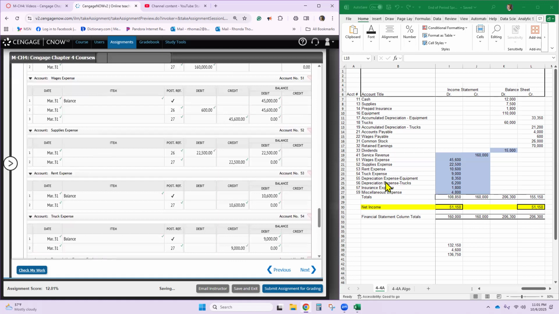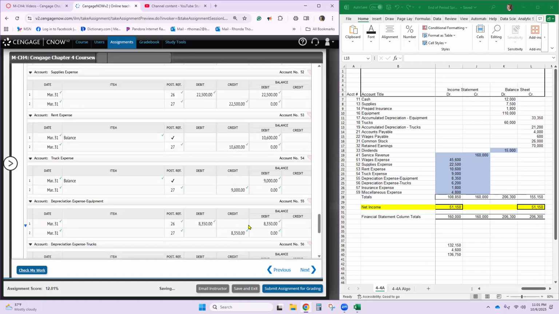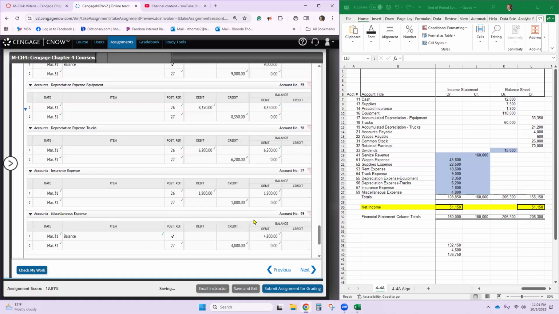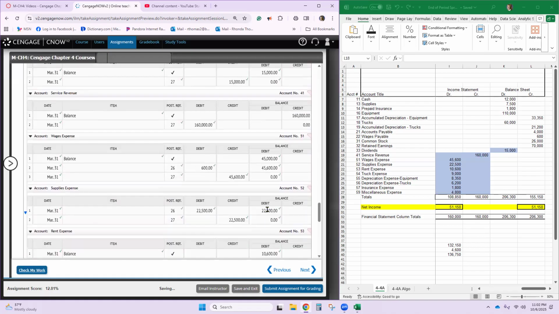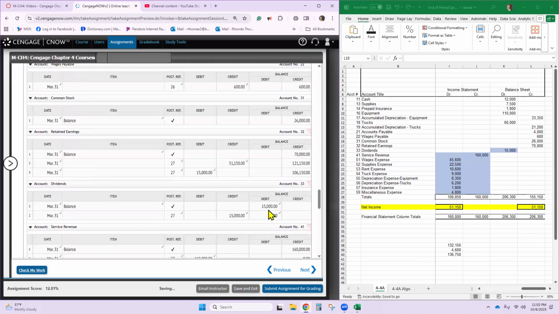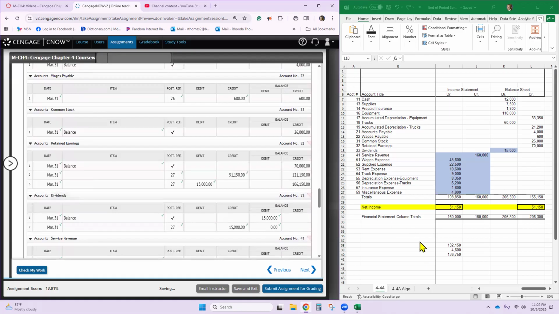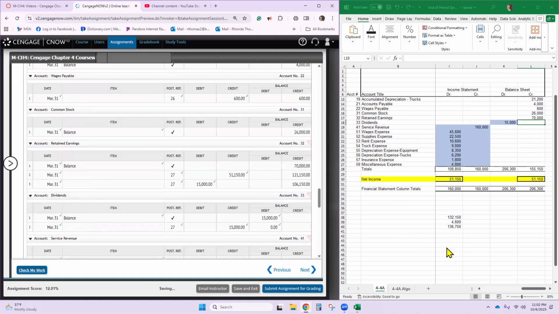So, okay, so let's go ahead and put, for retained earnings 100. I'm going to write it down here. The retained earnings has a balance of 106,150. Okay, retained earnings.